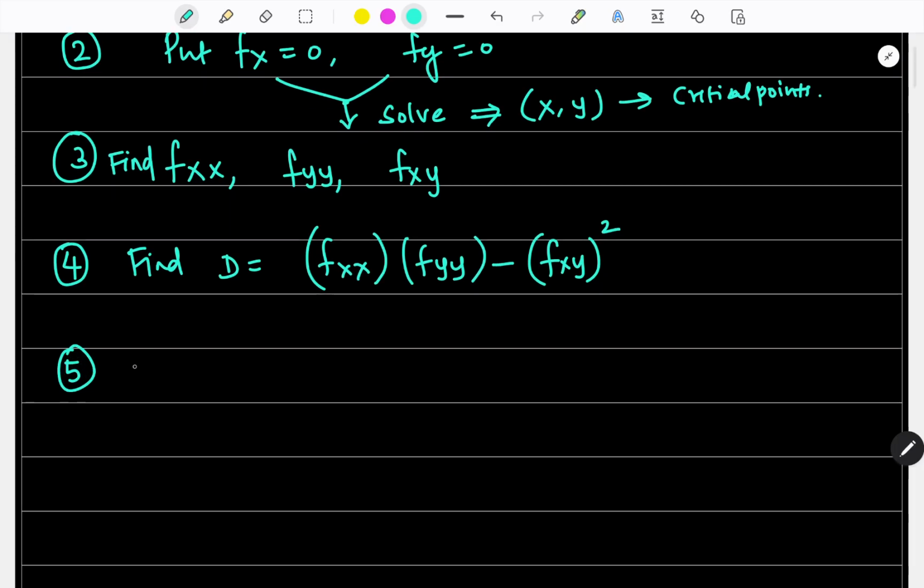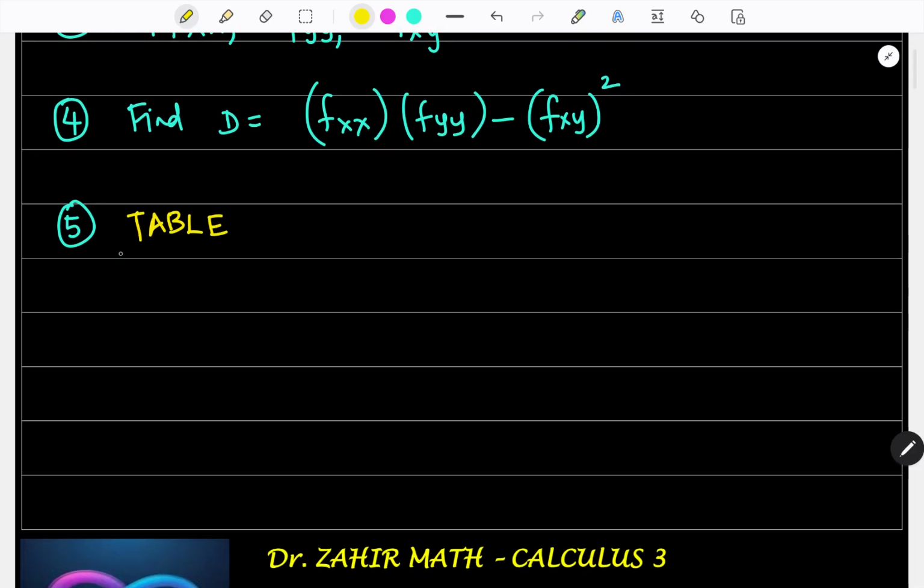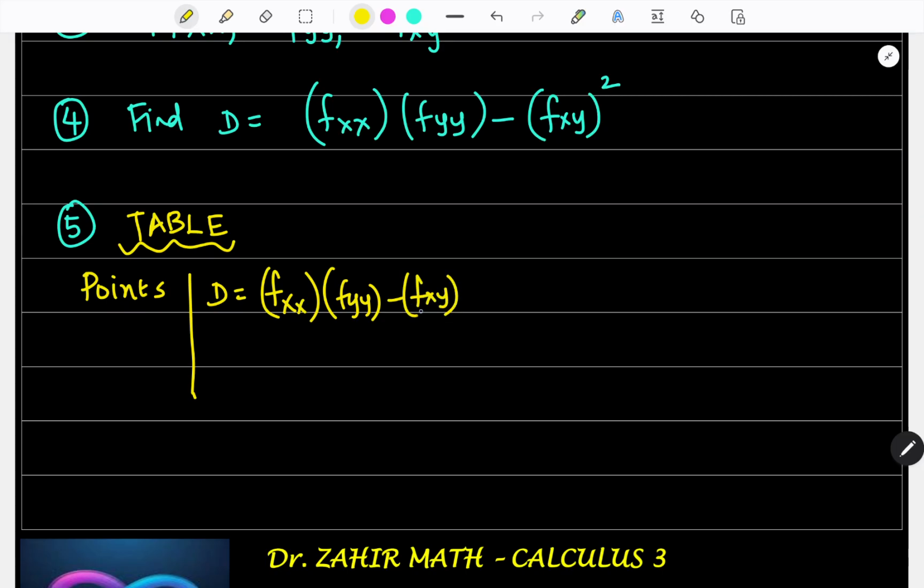Step number 5 is to create a table. You take the points as the first column, and in the second column you write D equal to fxx times fyy minus fxy the whole squared. You calculate this.